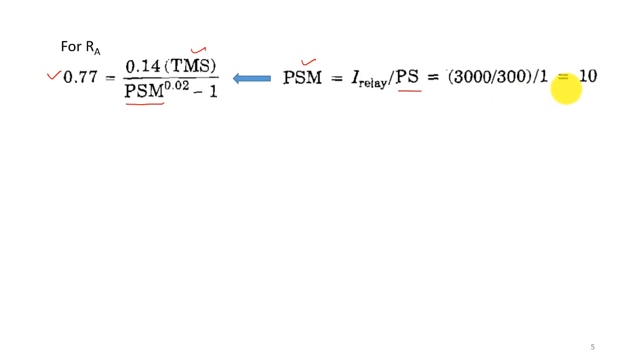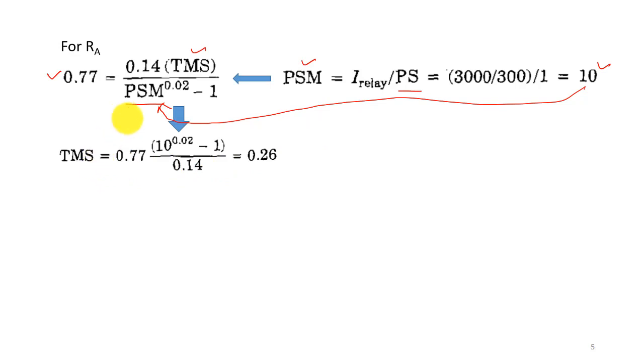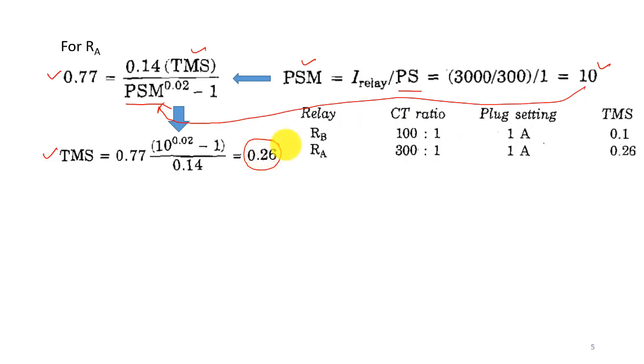Just by dividing it we get 10 as the clock setting multiplier, and substituting this value 10 here, I'll find TMS equal to 0.26. So this is the TMS setting for relay A for the maximum fault current at bus B.